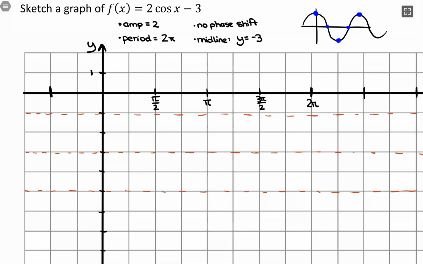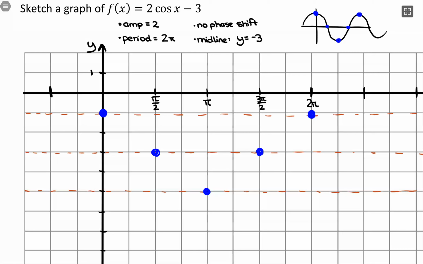So how I'm going to graph this is, I know on the y-axis, since there's no phase shift, cosine is starting here. And my period is 2 pi, so I'm going to end up back at that point when we reach 2 pi. Now halfway in between there, we're reaching our minimum value. So at pi, we're reaching that lowest point. Halfway between those values, we're crossing the midline.